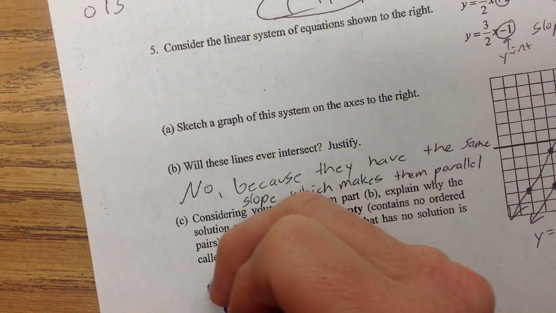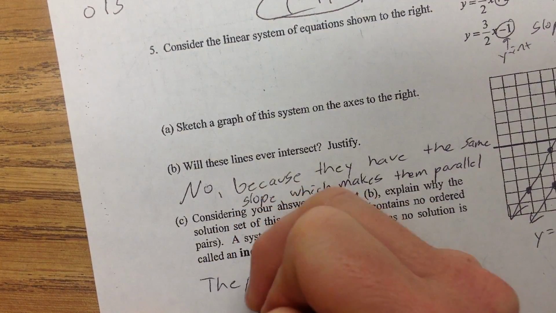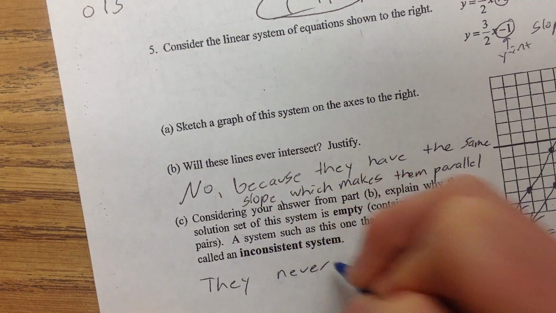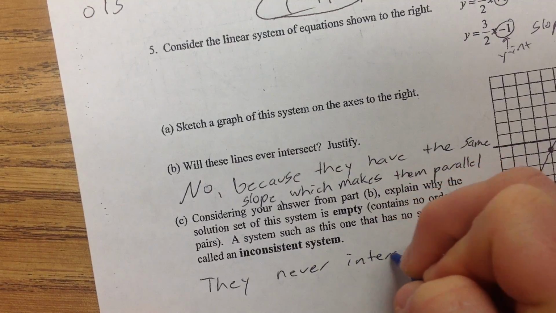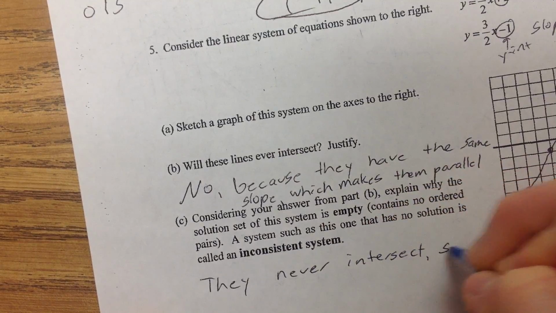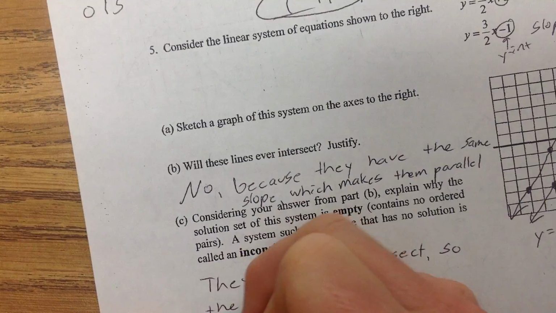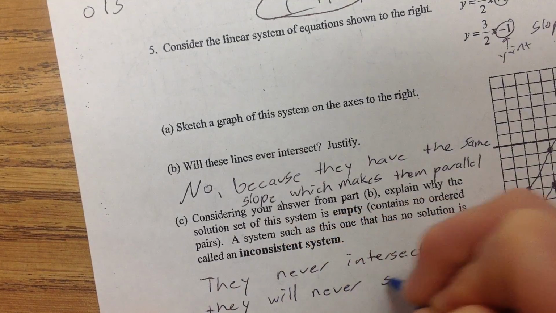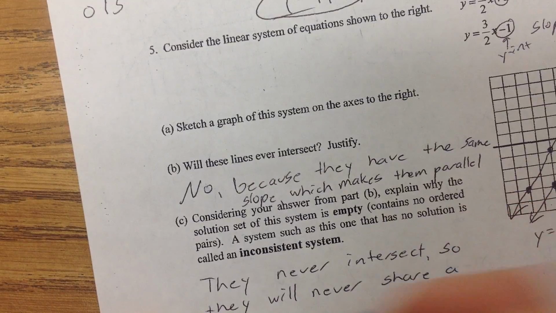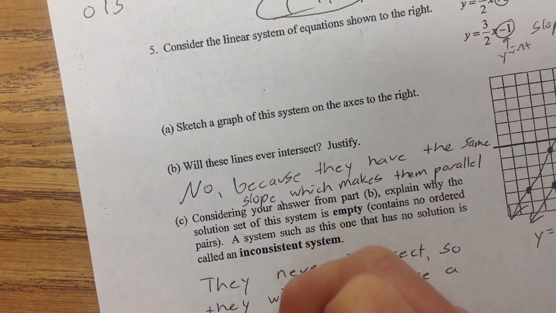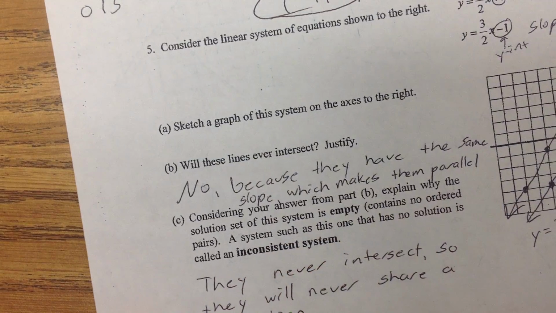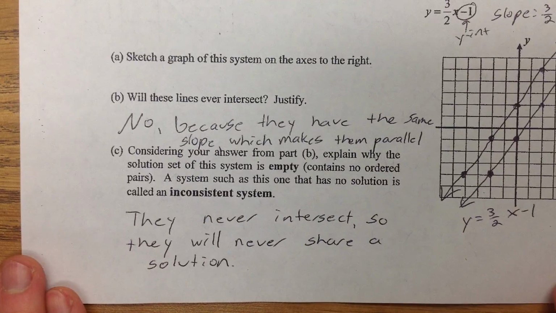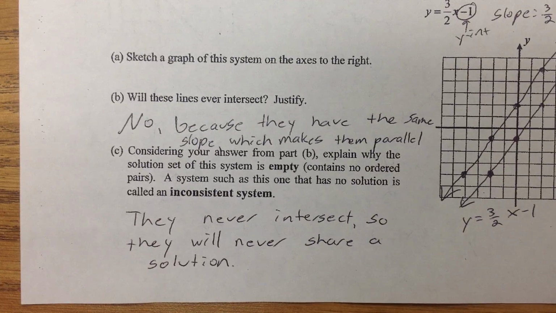So they never intersect, so they will never share a solution. And if they don't share a solution, there can be no answer to our system of equations. It's going to be an empty solution set because there is no intersection point. Okay?